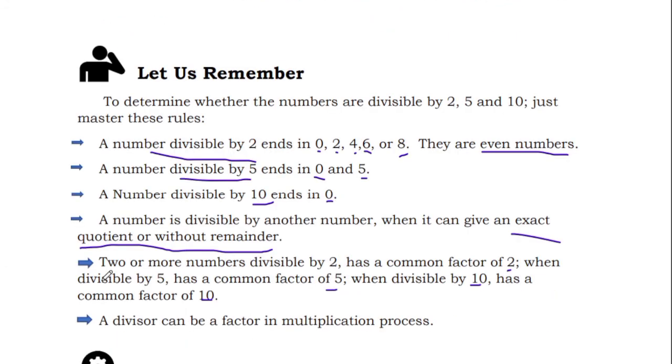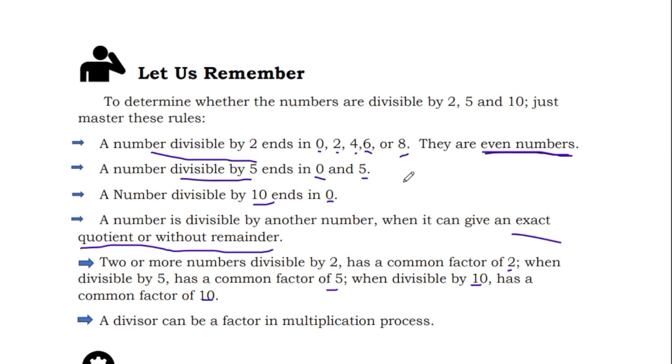Now let us remember that in this discussion, our main objective is that certain numbers are divisible by 2, 5, and 10 if certain rules are met. If it is divisible by 2, the number must end with 0, 2, 4, 6, or 8, which we call even numbers. If it is divisible by 5, the number must end with 0 or 5.